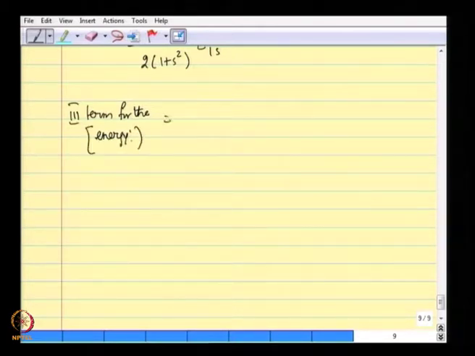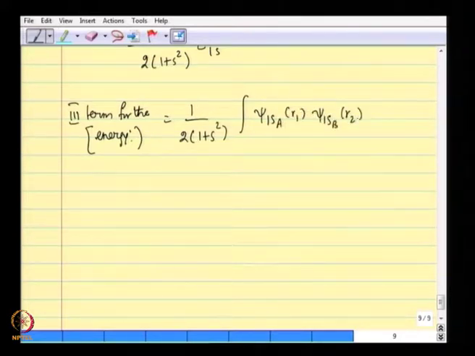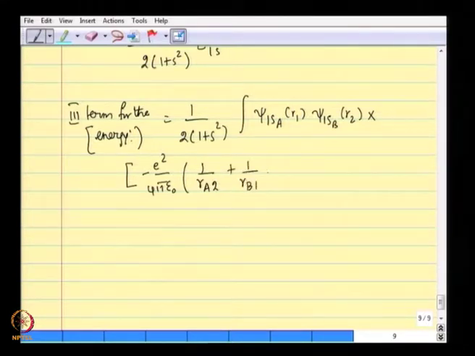Now, the third term in the first block that we wrote, the third term for the energy is whatever is remaining, namely 1 by 2 into 1 plus s square integral psi 1sA or 1 psi 1sB or 2 with the Hamiltonian, the remaining term, which is minus E square by 4 pi epsilon naught times 1 by or A2 plus 1 by or B1 minus 1 by or 1 2 minus 1 by or AB.